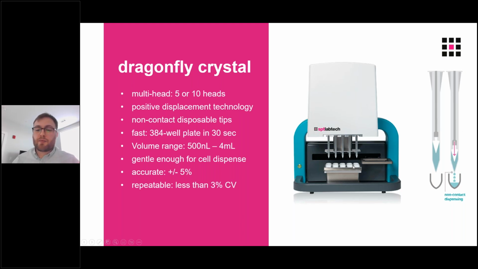These syringes aspirate from reservoirs containing up to 10 mLs. The Dragonfly is gentle enough for cell dispensing and other substances which do not respond well to forceful pipetting, and it is very accurate and reliable. The plates that you want to fill fit into this slot here, which moves under these syringes to fill across the plate.